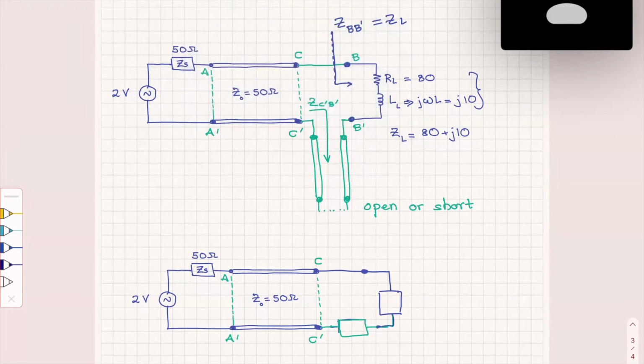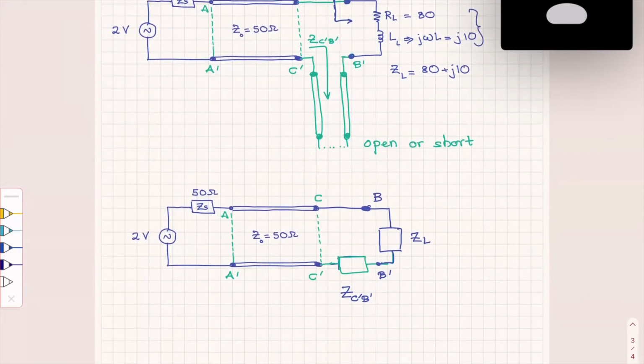So B prime, and this is Z_in, and this is Z C prime B prime. Okay.